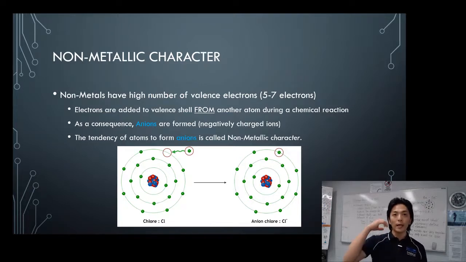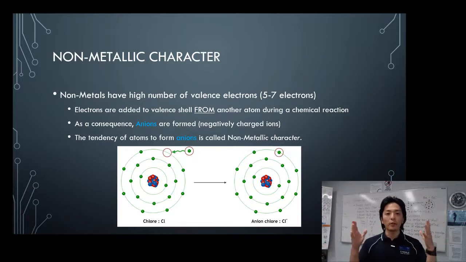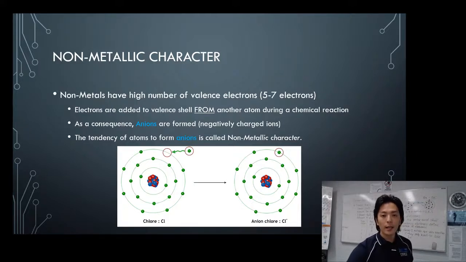So if there was a sodium atom conveniently next to a chlorine atom, they would readily react by transferring an electron to form ions. As a consequence of gaining electrons, anions are formed. So negatively charged ions are called anions. The tendency of atoms to form anions is called non-metallic character. So chlorine is again there as an example.